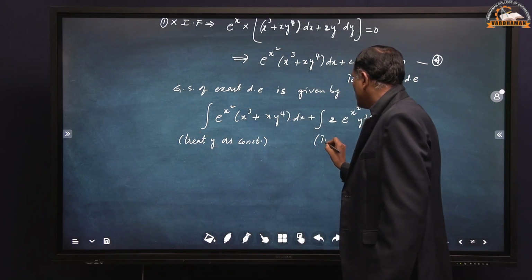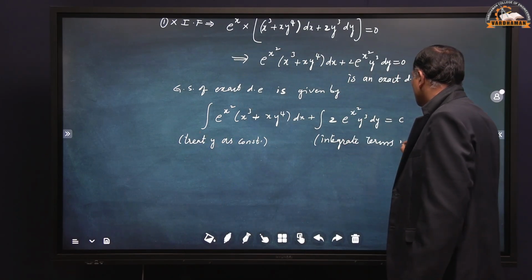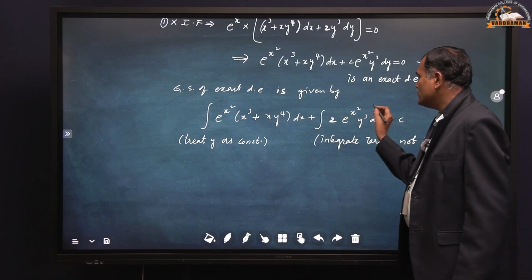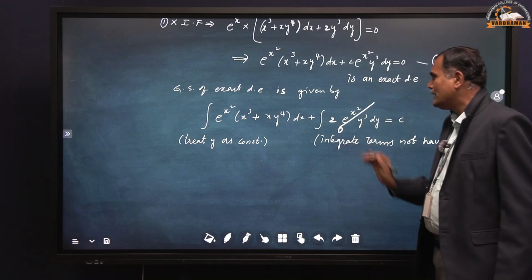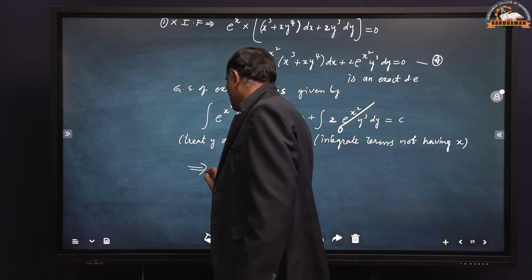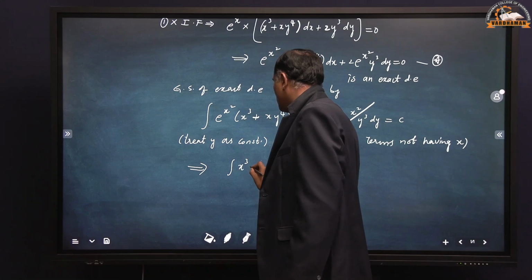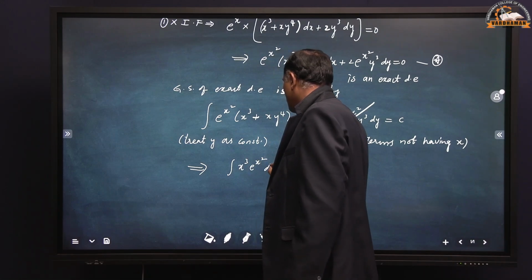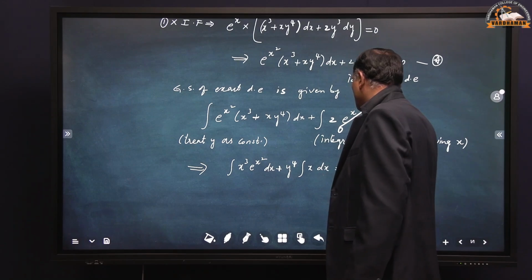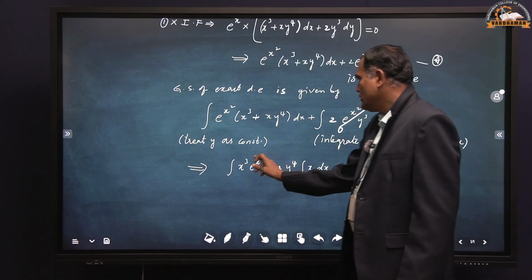Here we integrate terms not having x. Now clearly this term is having x, so we simply omit this one. We will not integrate this one. Now let us integrate this term keeping y as constant: integral x cube into e power x square dx plus y power 4 times integral x dx equals some arbitrary constant c. Now let us integrate this one.